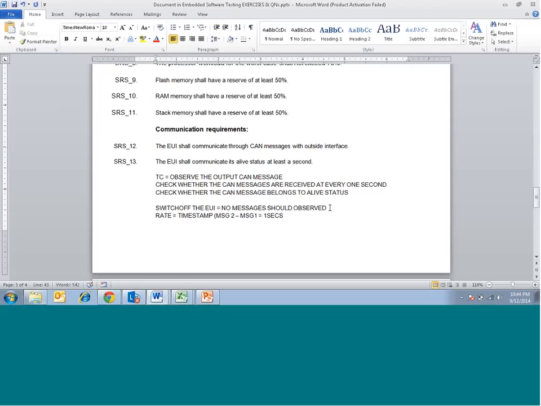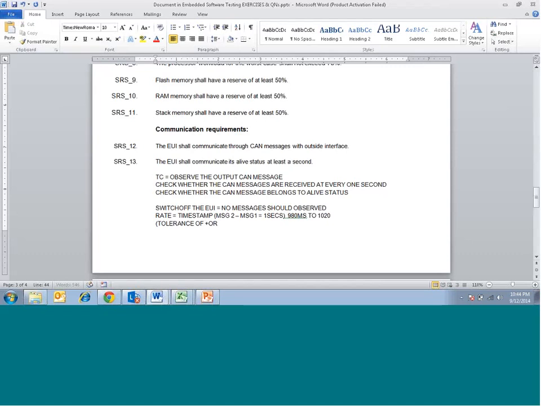Of course it may not be exactly 1 second, it could be something like 980 milliseconds. Here a tolerance of plus or minus 20 is there. You can see it can fall anywhere between 980 and 1020.